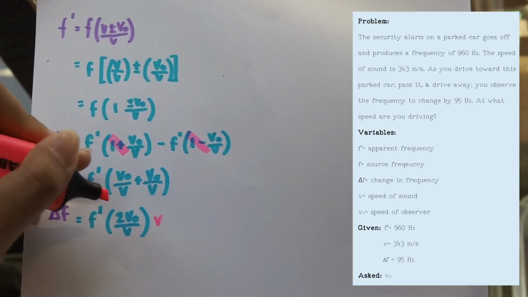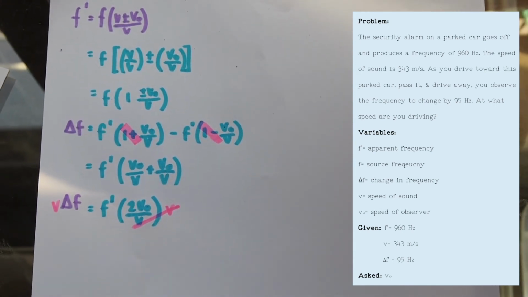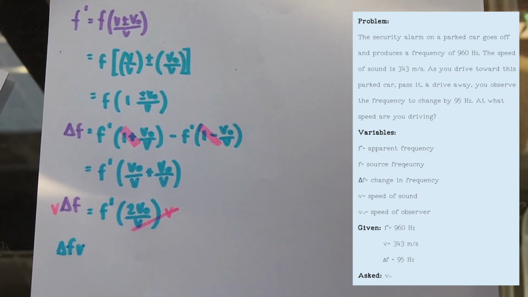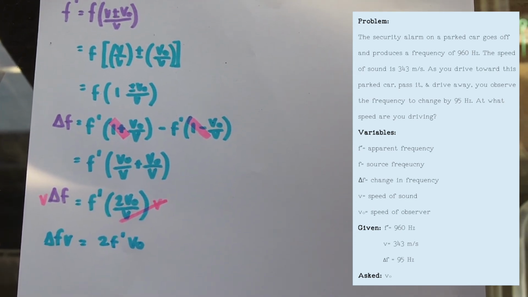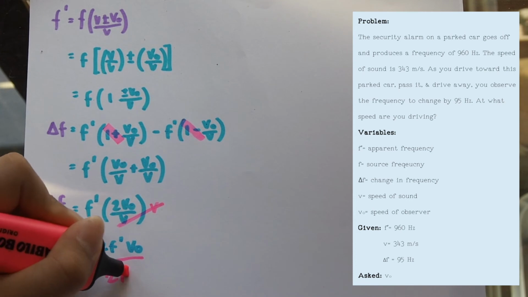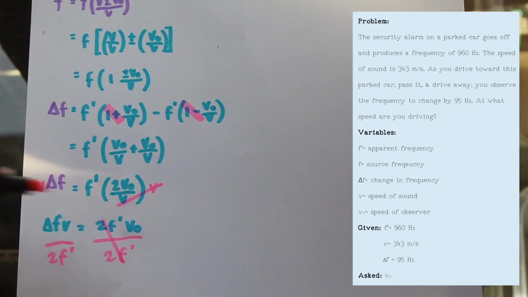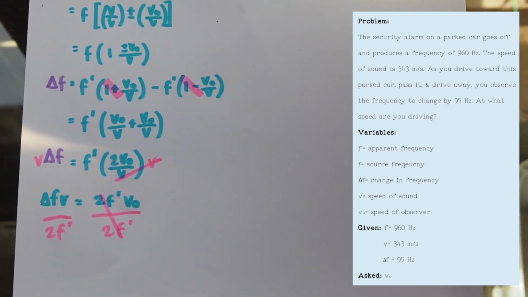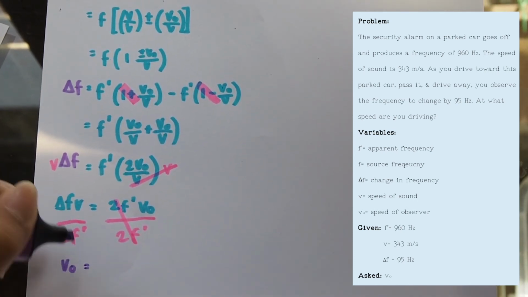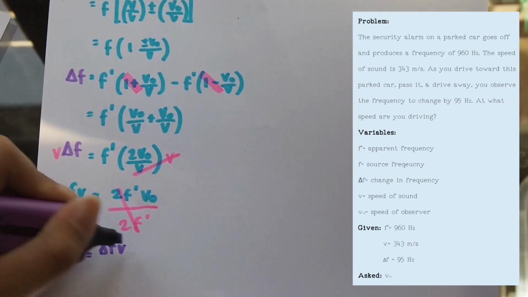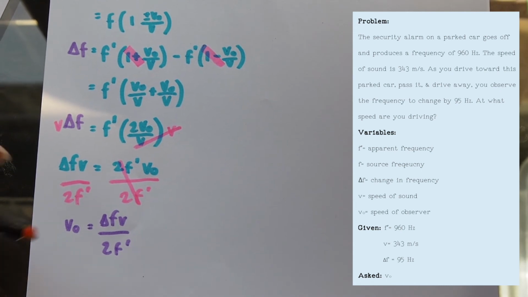We multiply both sides by V, cancel that out, rewrite our new equation, and then further isolate VO by dividing it by 2 apparent F. Cancelled that out, and then we finally isolated VO, which gives us our final equation of VO equals change in F times V over 2F apparent, or apparent F.